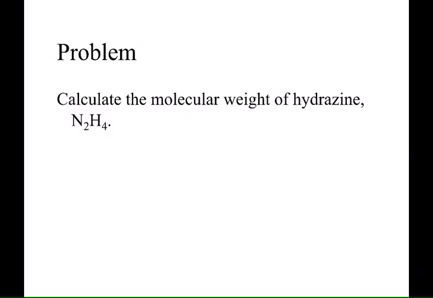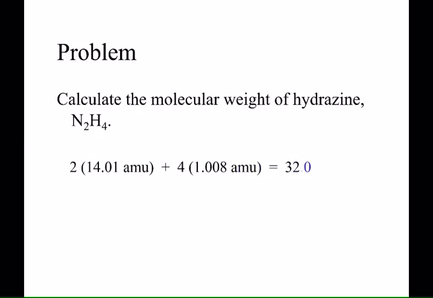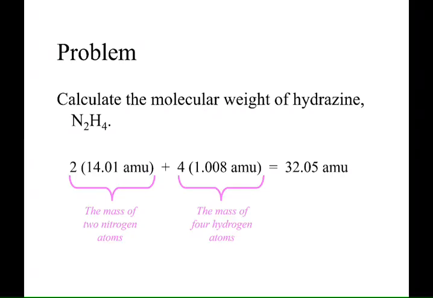So let's do an example. Let's pick on hydrazine. We've got one nitrogen atom and 4 hydrogen atoms, and we just need to know how much a molecule of hydrazine weighs. Of course you're going to have a periodic table to work this. You'll look up how much a nitrogen weighs, and it weighs 14.01. You'll look up how much a hydrogen weighs, and it weighs 1.008.